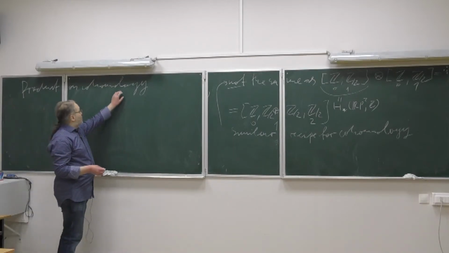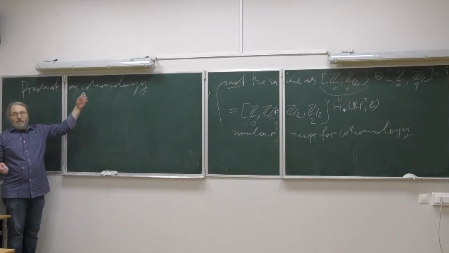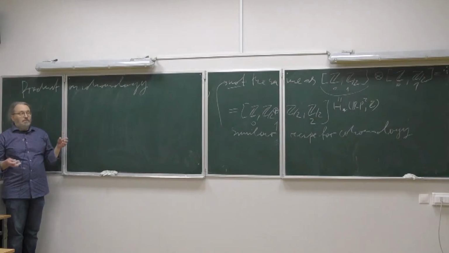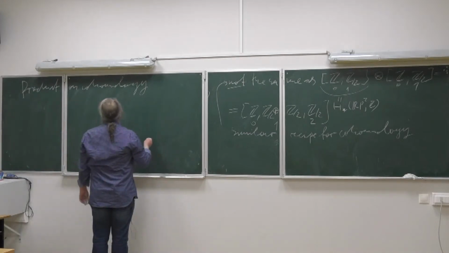So I will explain what the product on cohomology is, but first of all, why should one hope to have any sort of product on cohomology?